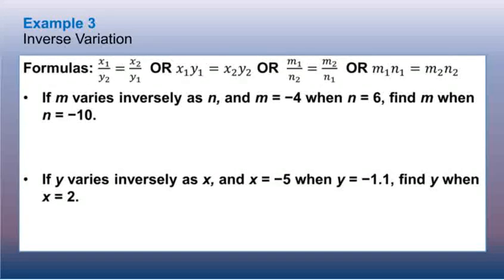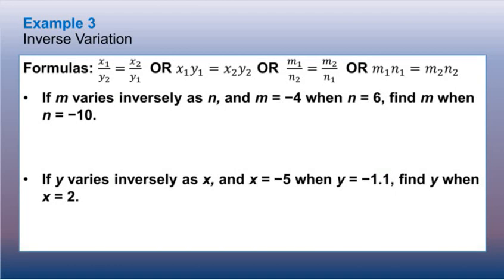So let's use those formulas to solve. It says m varies inversely as n, and m equals -4 when n equals 6. Find m when n is -10. We're going to use inverse variation. I know there are no x's and y's, it's just n and m.